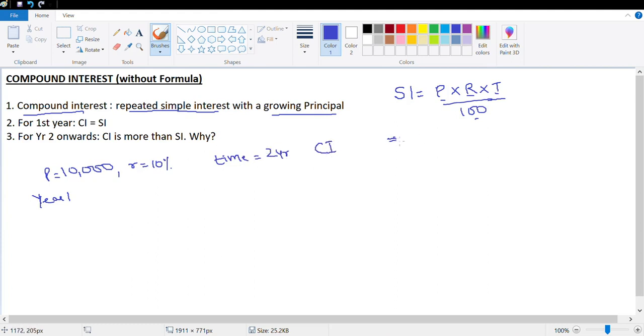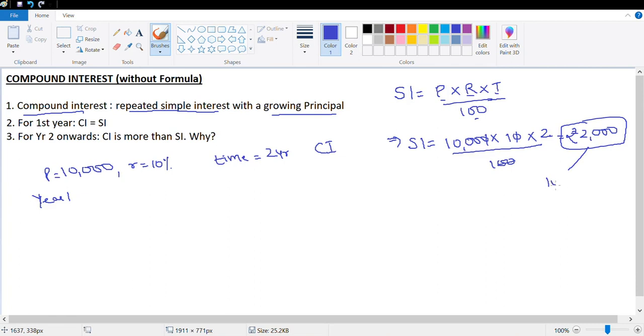At simple interest, my interest would have been principal, which is 10,000, into rate, in this case 10%, into time, in this case 2 years, upon 100. So this would have been 2000 rupees. So simple interest for 2 years would have been 2000 rupees, which means for year 1 it is 1000 and for year 2 it is 1000. That's why the total simple interest for 2 years is equal to 2000.